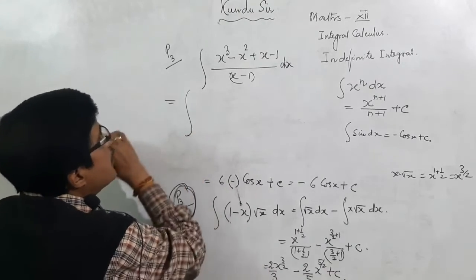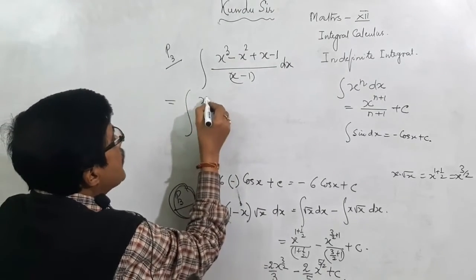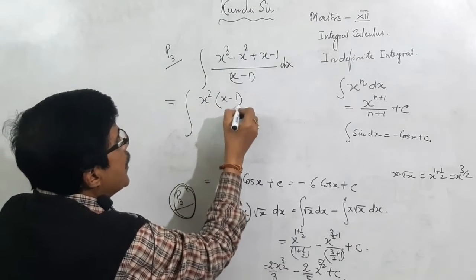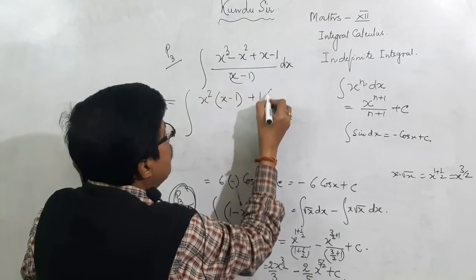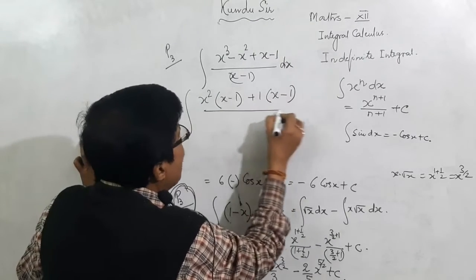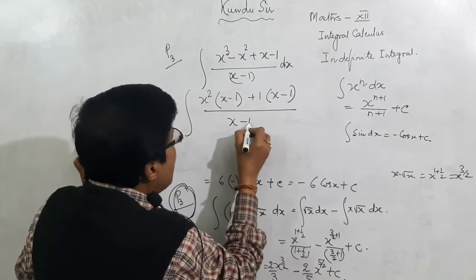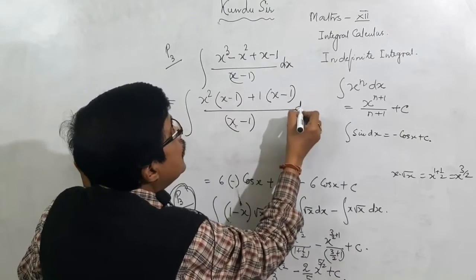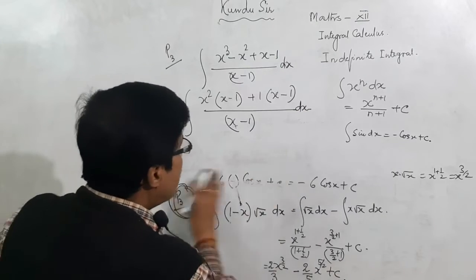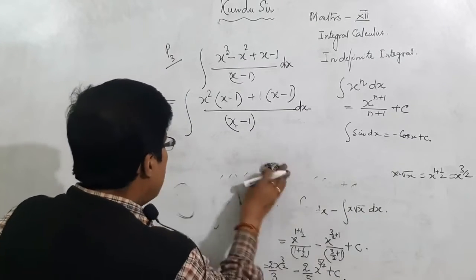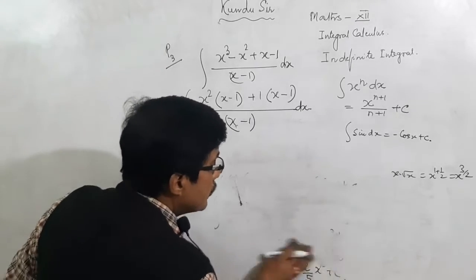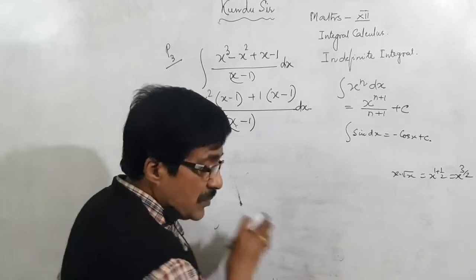We can write it by taking x square common: x square into x minus 1 plus 1 into x minus 1, upon x minus 1, dx.